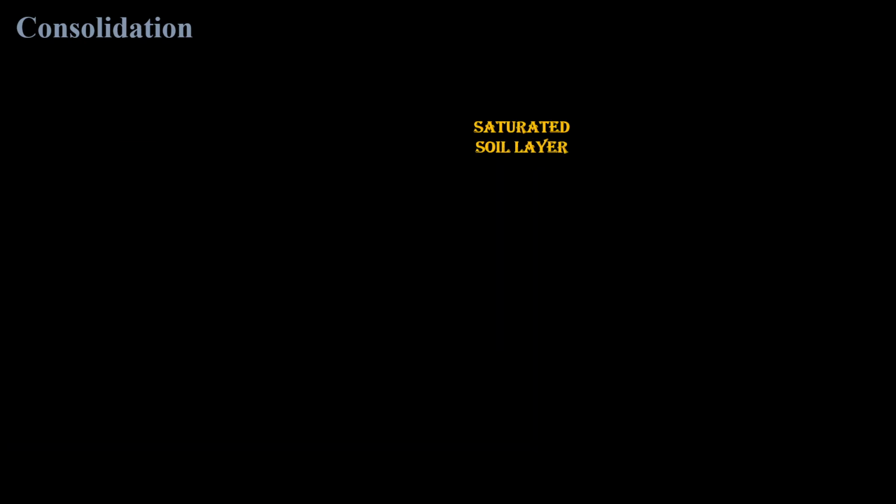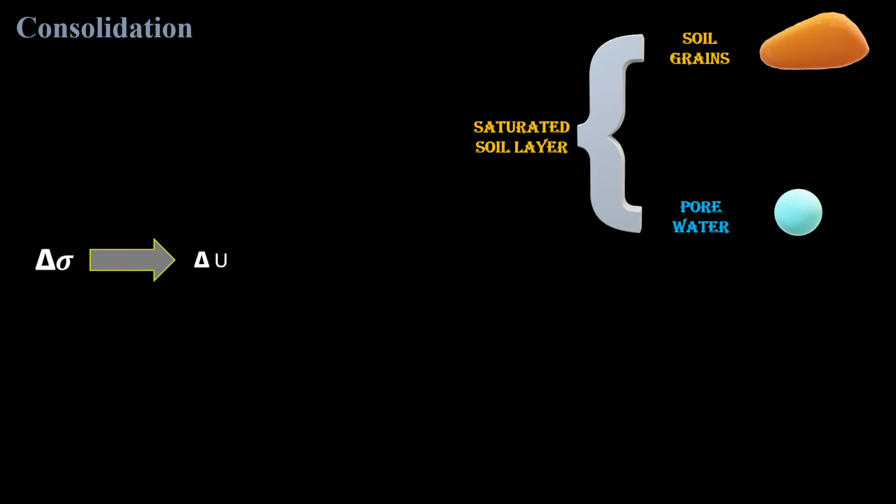So if you see what's happening inside the consolidation process, when you apply a force over a saturated soil layer, delta sigma, the total stress, initially goes to the water, and delta U increases.